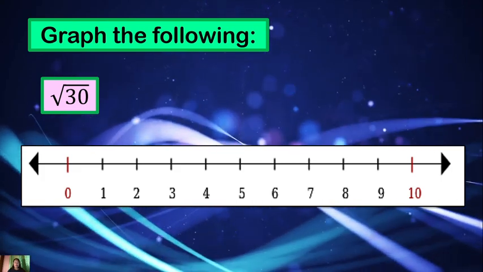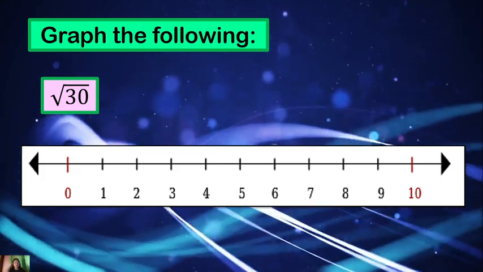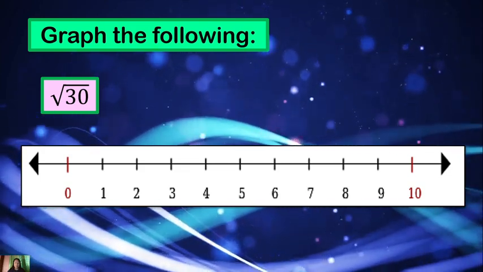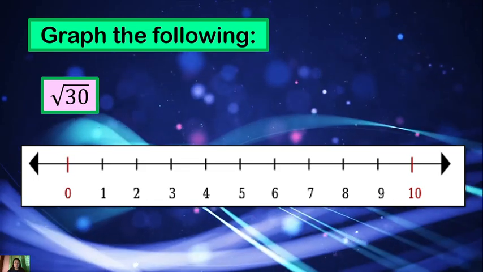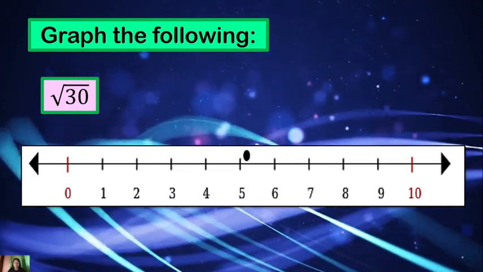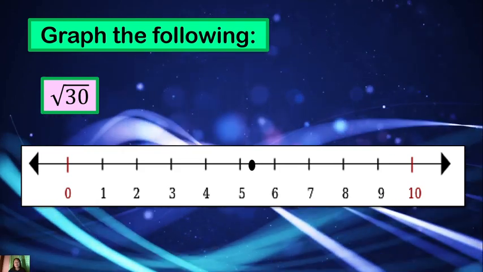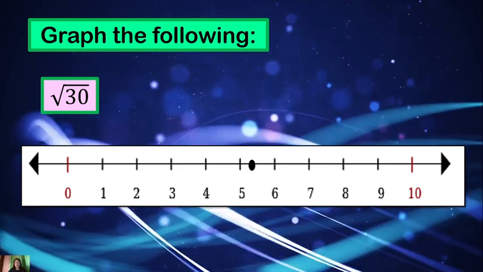So, compute using the 4 steps. Square root of 30 is 5.4 and that is in between 5 and 6. Almost 1/2, right? Almost at the middle point.